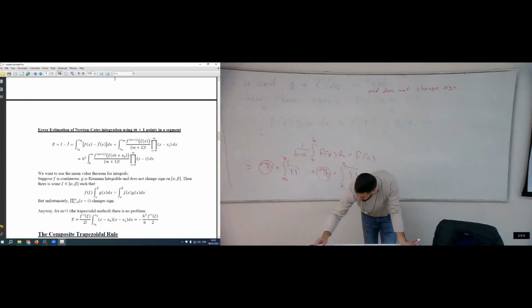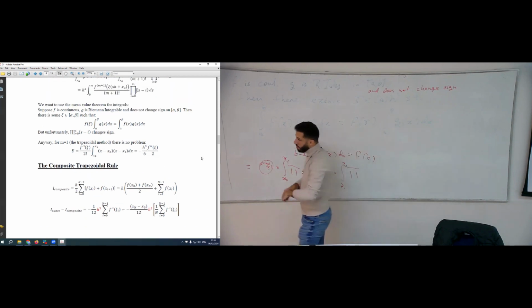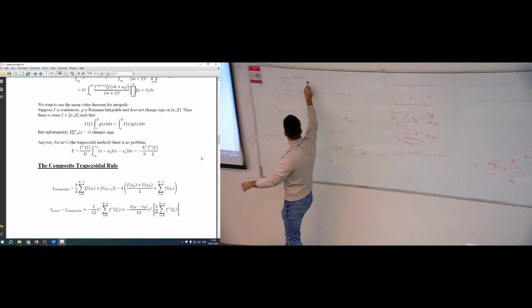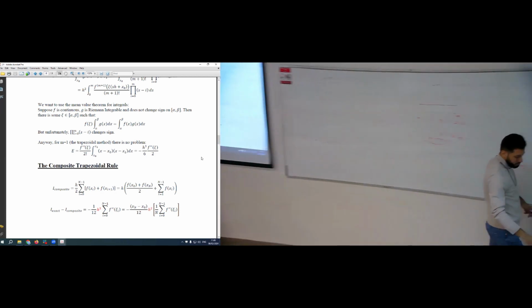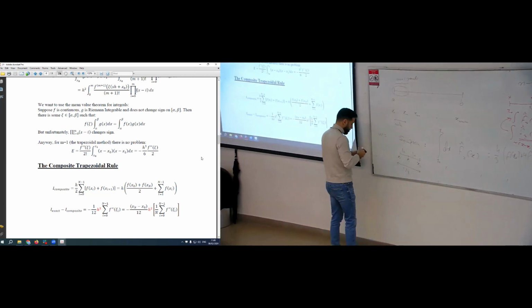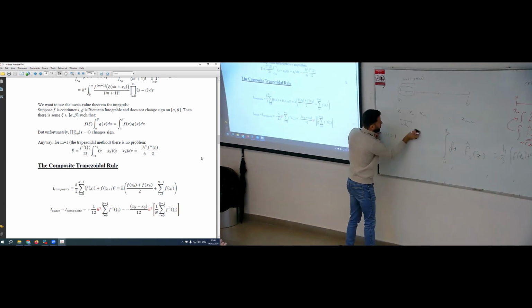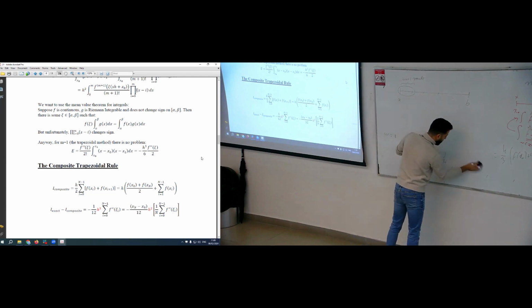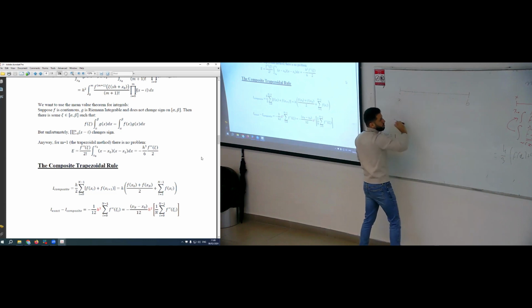Okay. So let's talk about the trapezoidal rule when we talk about all this. So now go back with m equals 1. M equals 1 means that at each segment we have 2 points, which are these points.